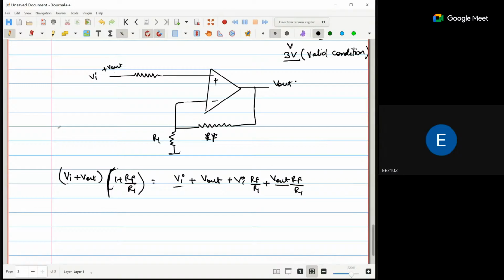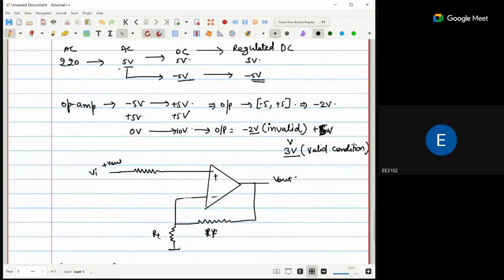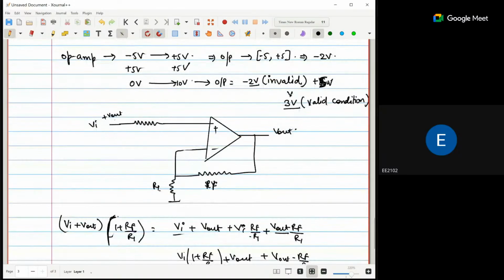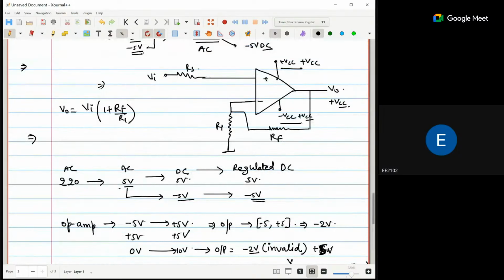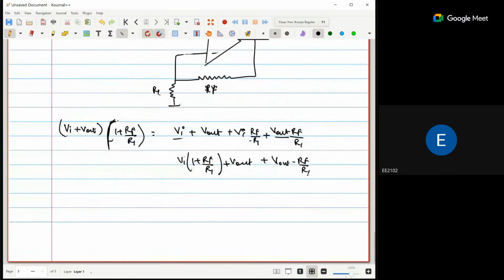Now I just take Vi common: Vi times 1 plus RF by R1, plus Vout, plus Vout times RF by R1. Okay. Now you can see that this is my output voltage, and what is the output voltage we are getting? Vi times 1 plus RF by R1. So that is the output voltage.